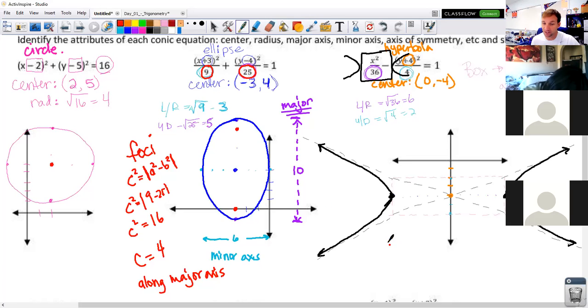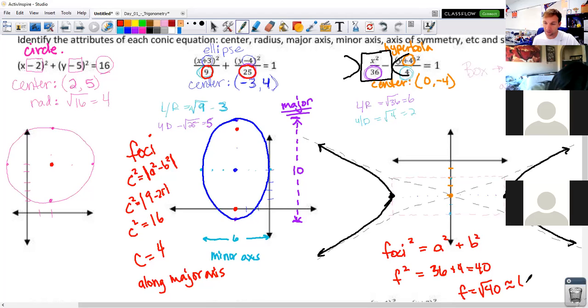But these things, just like ellipses, also have foci. This one is a Pythagorean theorem foci. We are adding them together, a squared plus b squared. In this case, 36 plus 4 is 40. The square root of 40 is about 6.4, I would say.